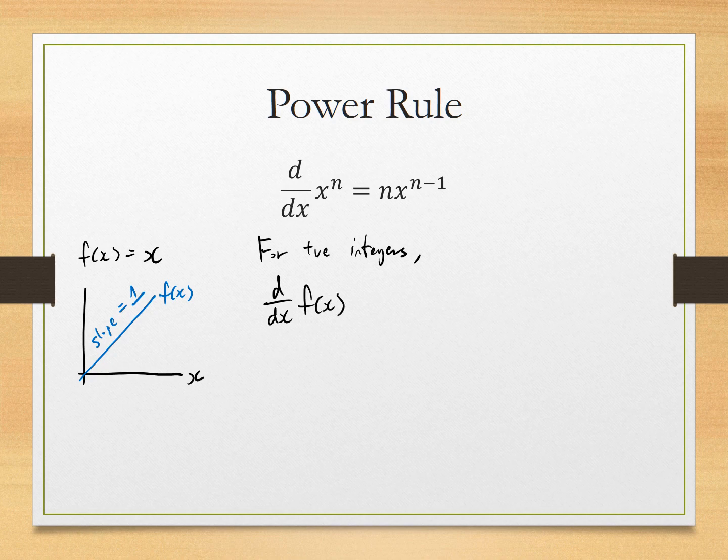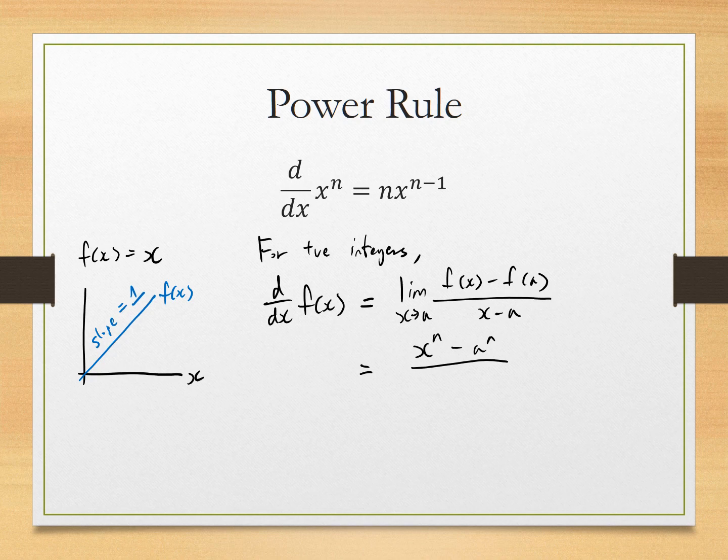So d/dx f(x) equals the limit, as you will see I'm using the original formula, of (f(x) minus f(a)) over (x minus a). Substitute in the formula, you have (x^n minus a^n) over (x minus a).